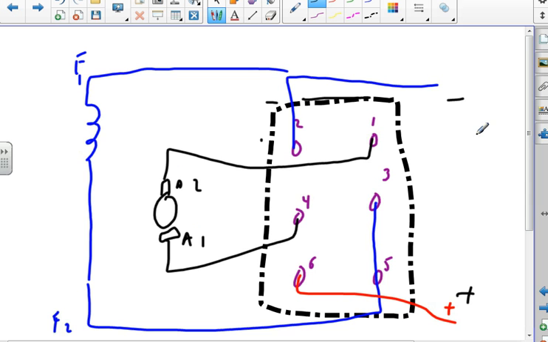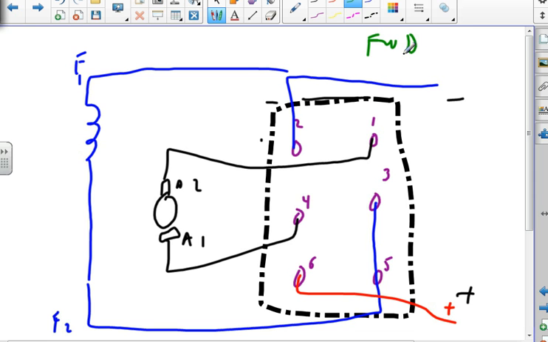So show how the motor windings are connected to power for the forward and reverse positions. Okay, so do I have enough colors left over? Okay, so I'll go green. So green is forward.